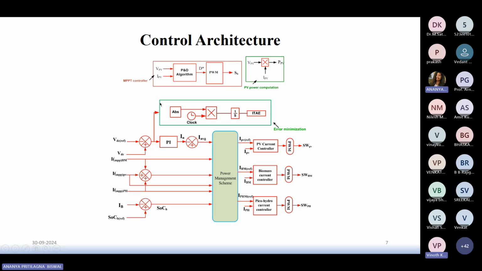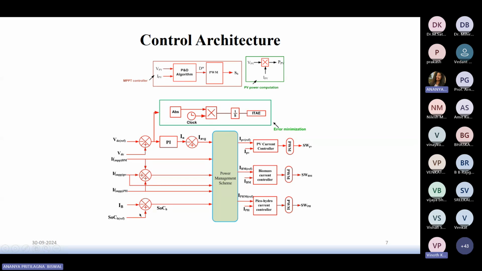The ITAE, that is the integral time absolute error, is the error function used for minimization of the error. Now all the currents are controlled, like for biomass, PV and picohydro. All the currents are controlled.